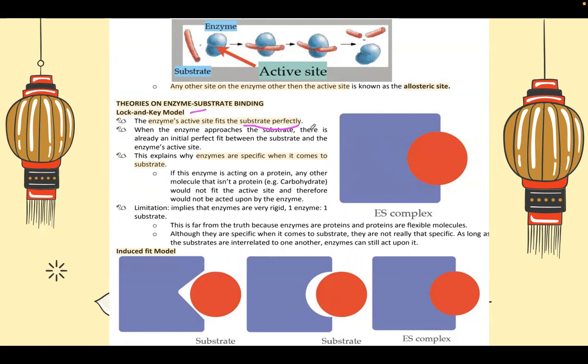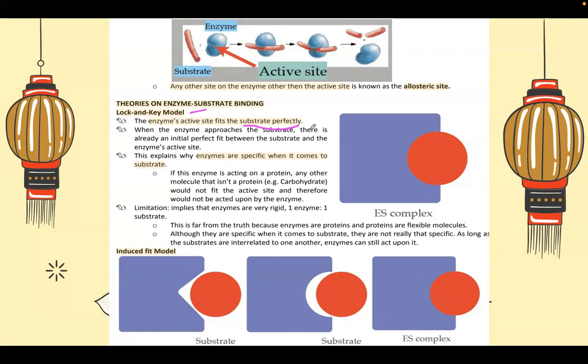Okay? Next, when the enzyme approaches the substrate, there is already an initial perfect fit between the substrate and the enzyme's active site. Parang in layman's term, kada kaldero meron silang takip. Okay? Or yung kada susi, meron silang lock. Meron talaga silang pinto para destined sila for one another. Next, this explains why enzymes are specific when it comes to the substrate.